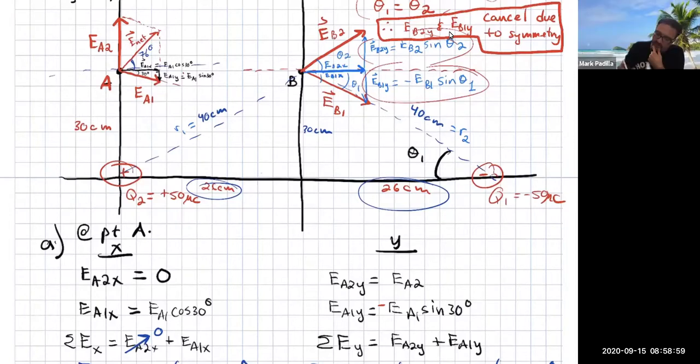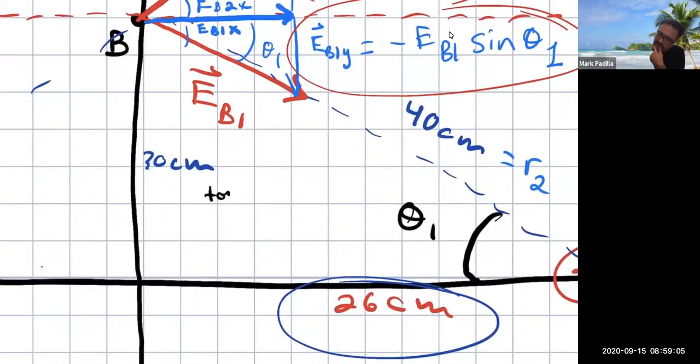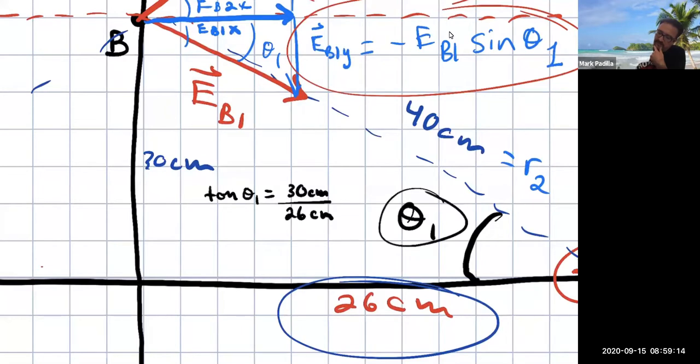That would be theta 1, that would be theta 2. Tangent of theta 1 is equal to 30 centimeters over 26 centimeters. So inverse tangent of 30 over 26, I get 49 degrees.